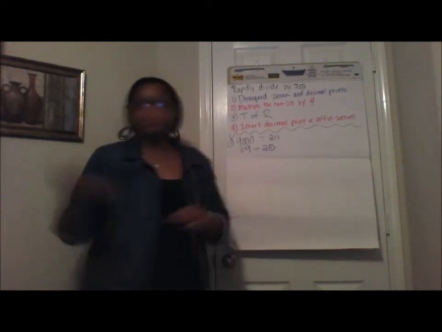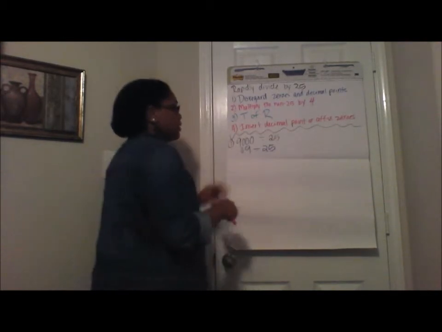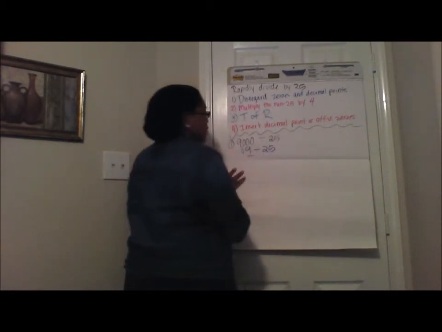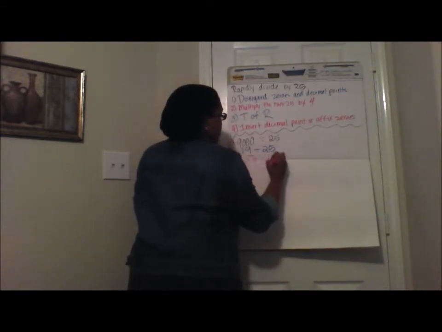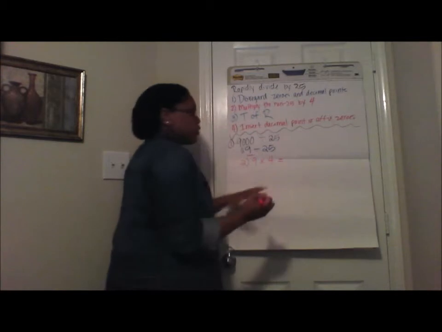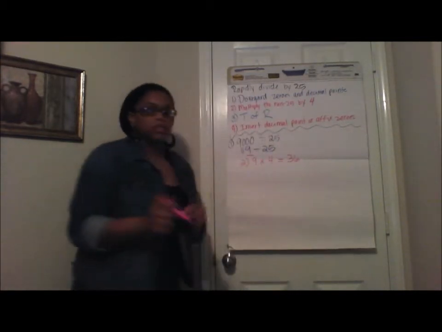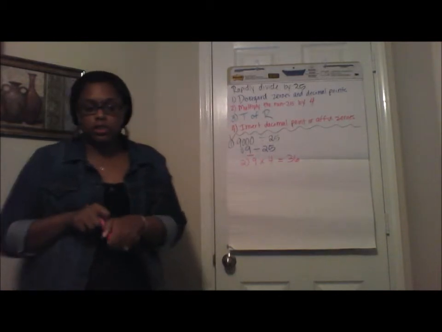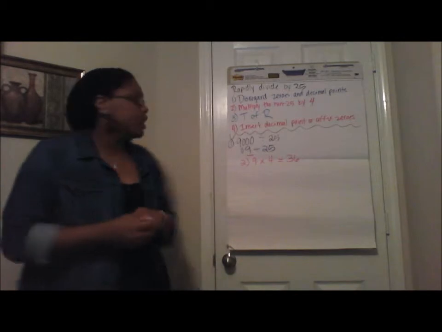Step 2 tells us to multiply the non-25 number by 4. My non-25 number is 9, so I'm going to take 9 and multiply by 4, and 9 times 4 is 36.